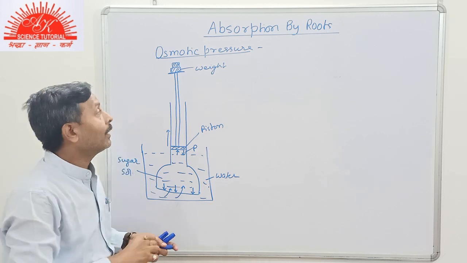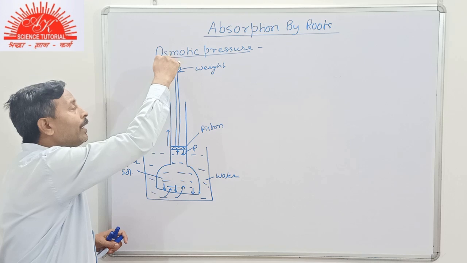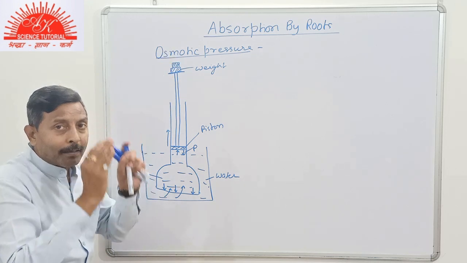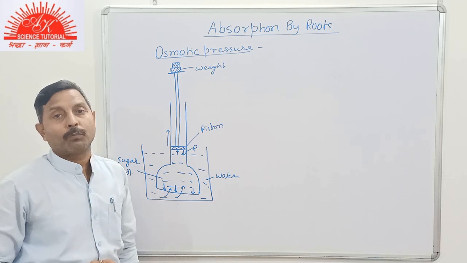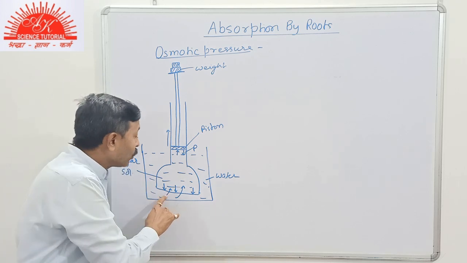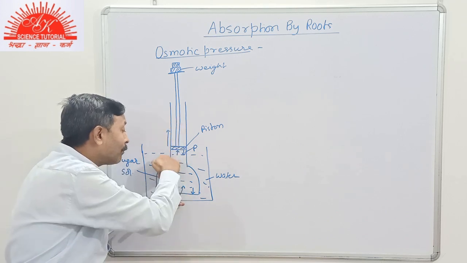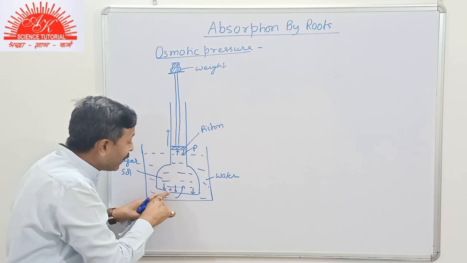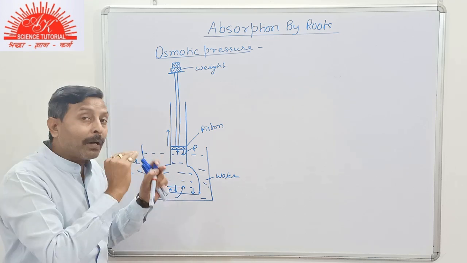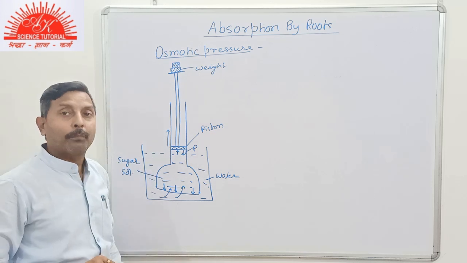It means that by placing some weight, we have developed a certain amount of pressure that has stopped the process of osmosis, the inward movement of solvent, that is water. So that minimum pressure which is required to prevent osmosis, to nullify osmosis, is especially known as osmotic pressure.